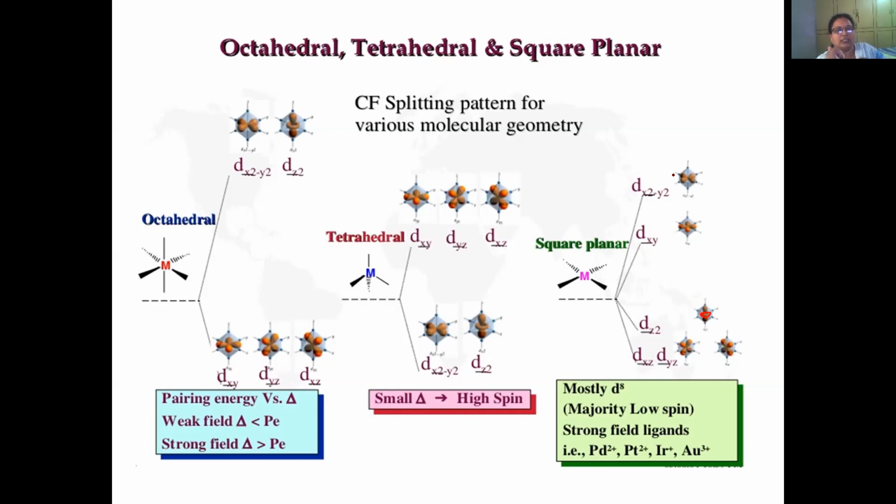Now this square planar geometry is exhibited mostly by d8 complexes which are low spin, with strong field ligands. Palladium, platinum, iridium, and gold can also exhibit this type of geometry.